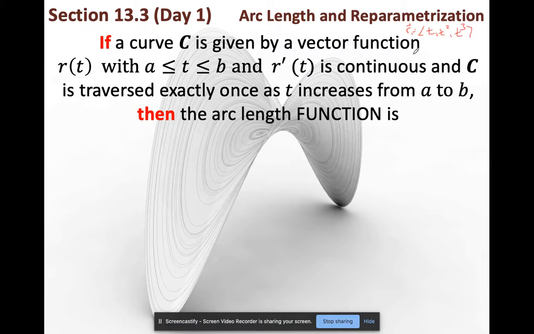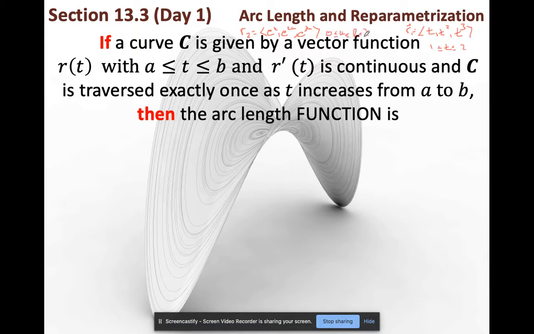And I said that was from t is 1 to 2. Well, I could make some other function. I could define another one and define u to go between 0 and ln 2.